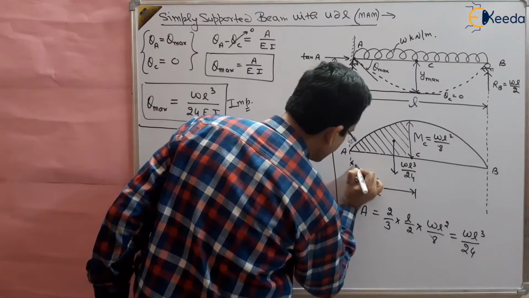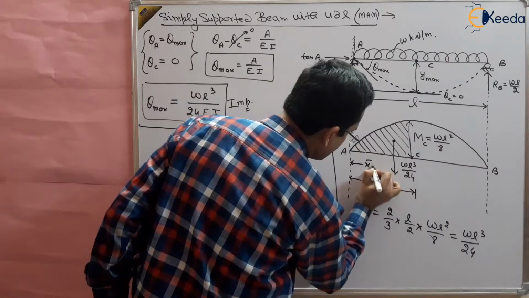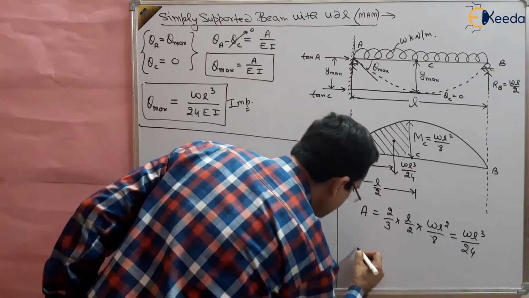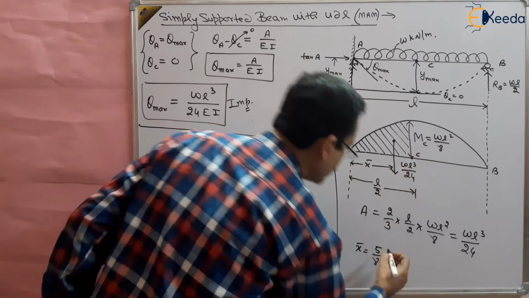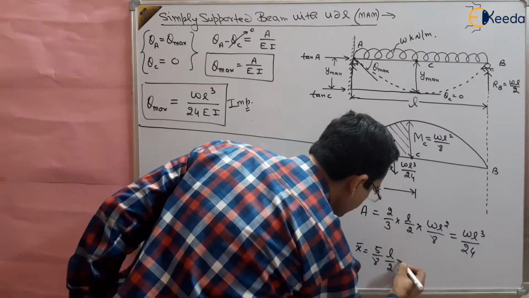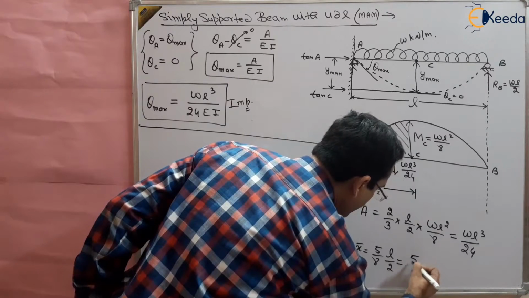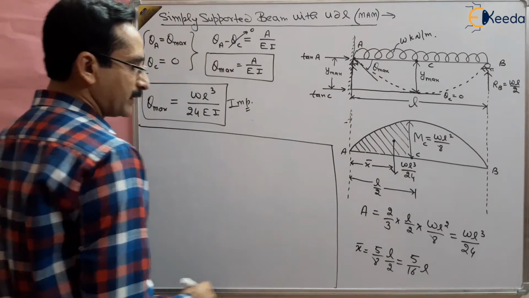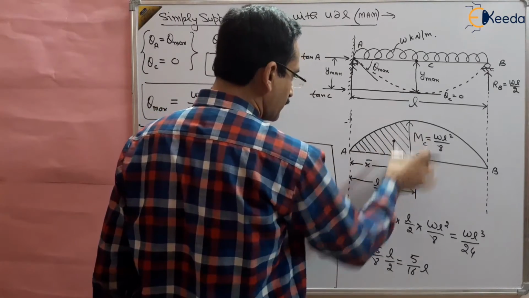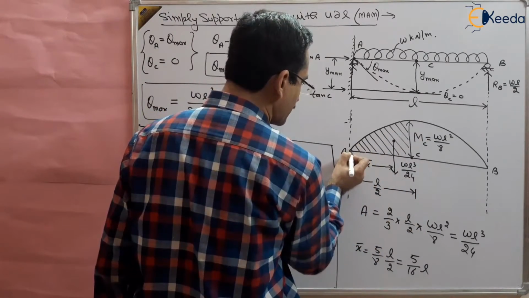This distance will be x bar, and x bar is 5 by 8 of L by 2, 5 by 8 from the apex.